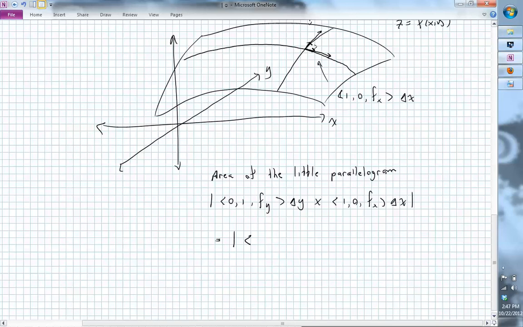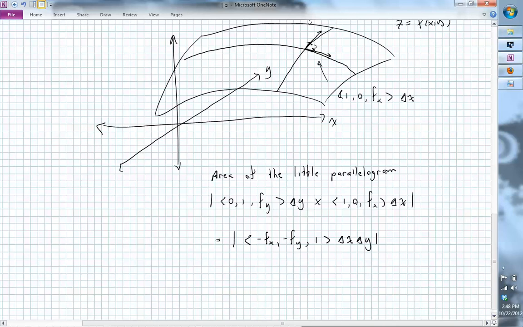It doesn't really matter which order we go. If you do the cross product, you'll get a third vector: minus f sub x, minus f sub y, 1.